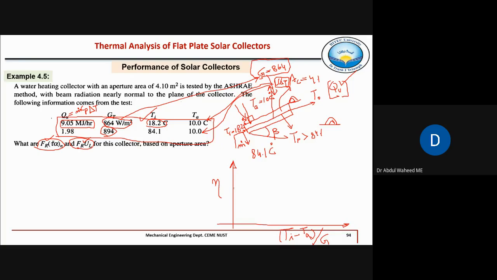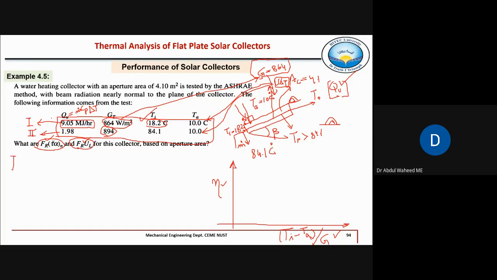How can we do that? On one side we have efficiency, on the other side we have this term TFI minus Ta divided by G. So first of all, this is the first data set, and that is the second measured data set.